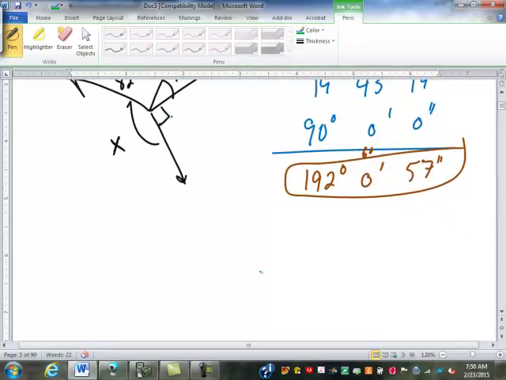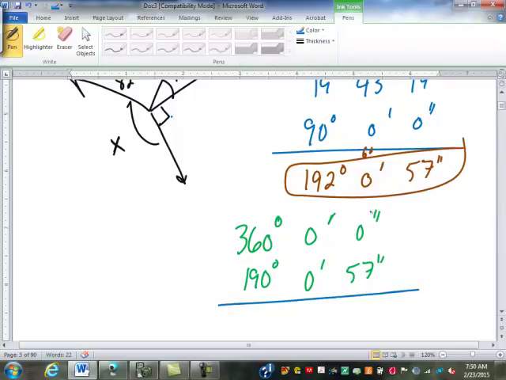Subtract that from 360. So we have to put in the 0 minutes, 0 seconds. And unfortunately, we got that 57 seconds sitting out there, so we're going to have to work with it. Borrow from the 360, 359, that'd make this 60. Borrow from that, 59 and 60.